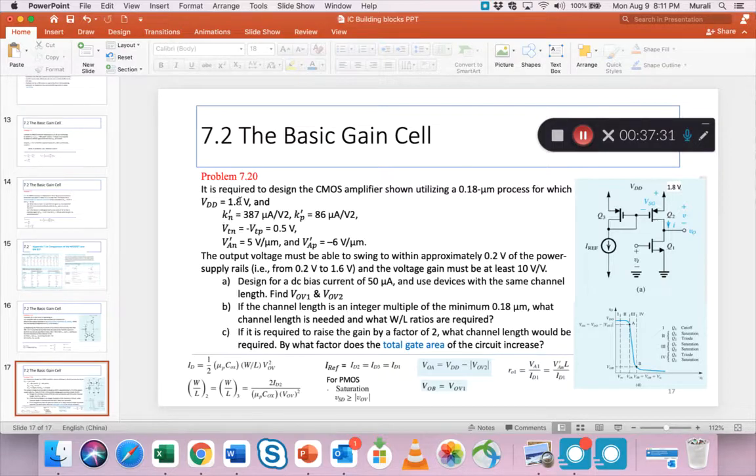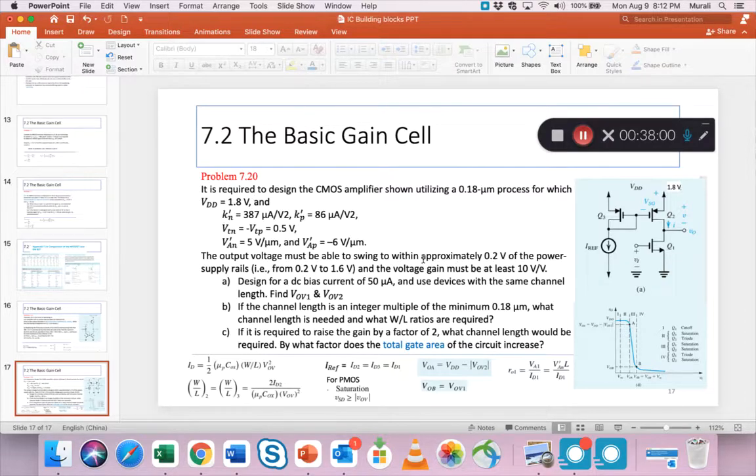That means on the low side, we have to be able to go as low as 0.2 here. And on the high side, we need to be able to go as high as 1.6. So these 2 points, VOB and VOA, are given. And the voltage gain must be at least 10 volts.